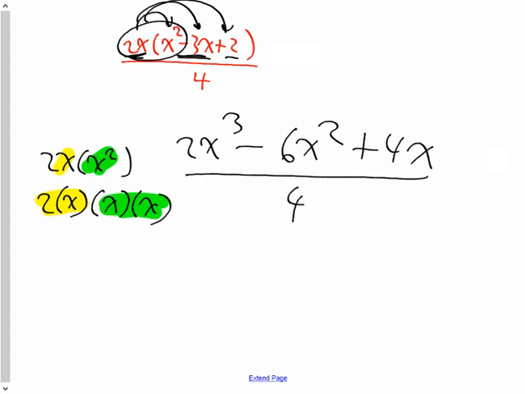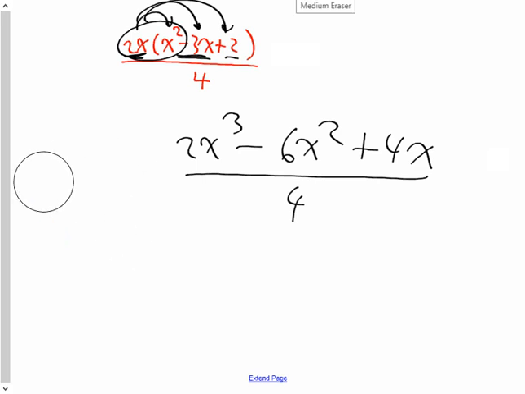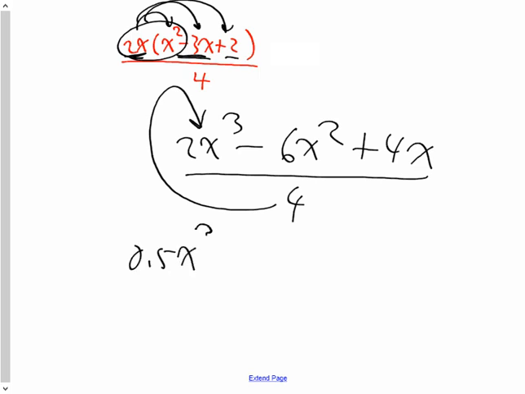So all of that will be divided by 4. Okay? This is where it gets complicated. So we're going to actually do division distributive property. What is 2x cubed divided by 4? It is a half an x cubed. Correct. Because you're simply dividing your coefficients.